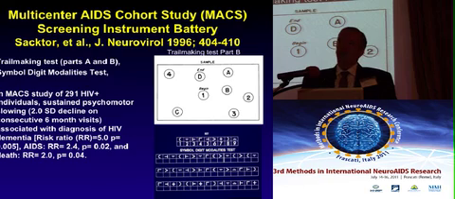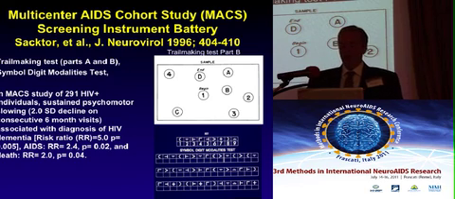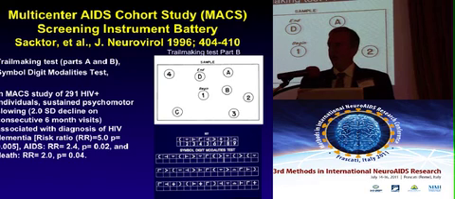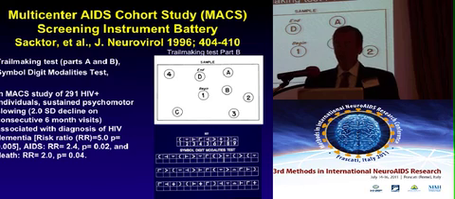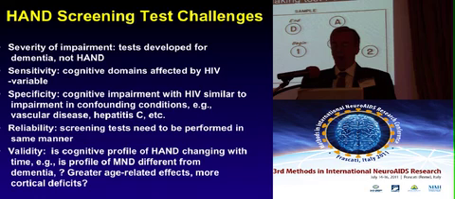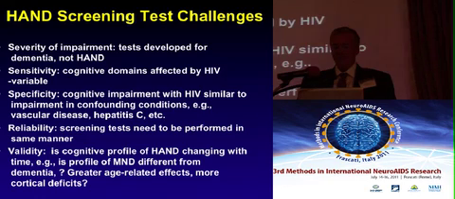In this study, which was actually done a while back in the early 1990s, of almost 300 HIV-positive individuals, decline was defined as 2 standard deviations on one of these neuropsychological test components, sustained over 2 consecutive visits compared to their previous performance. It was associated not only with an increased risk for a diagnosis of dementia, but also an increased mortality risk.